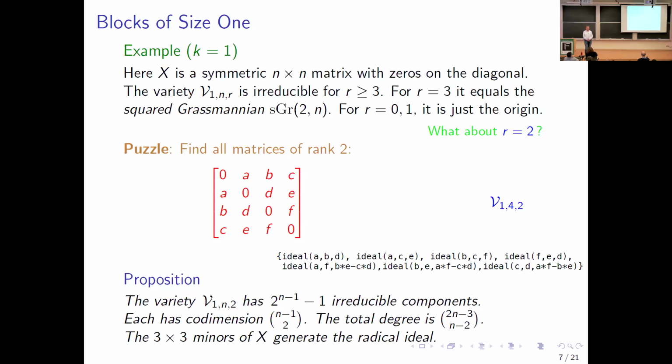They all have the same dimension, unmixed. The codimension is n minus 1 choose 2. And if you add up the degrees, you get 2n minus 3 choose n minus 2. That's what you expect. And so in my example here, you take 1 plus 1 plus 1 plus 1 plus 2 plus 2 plus 2, and that's 10.